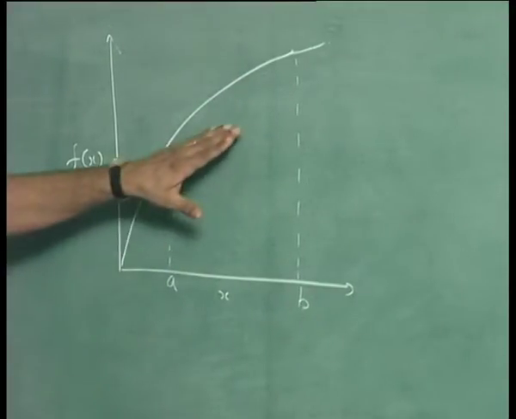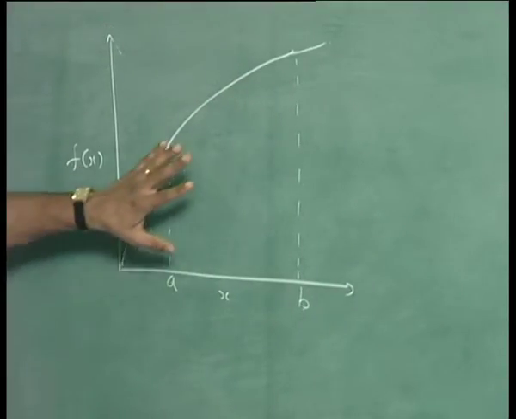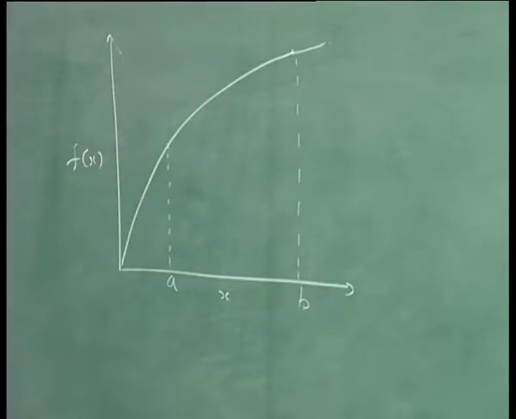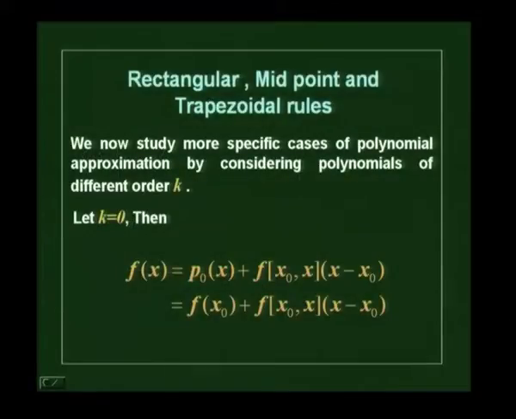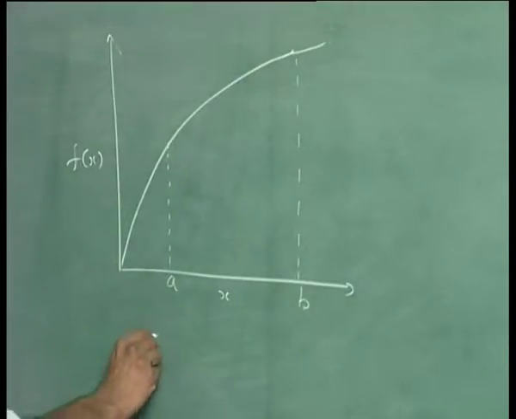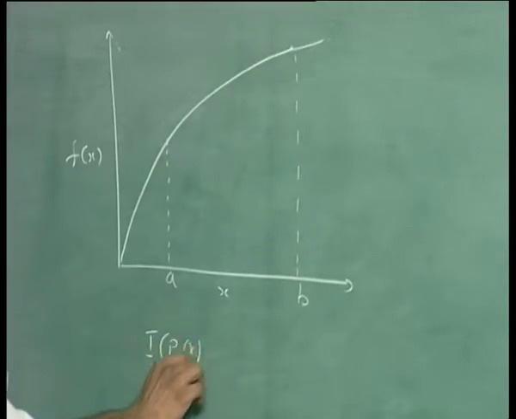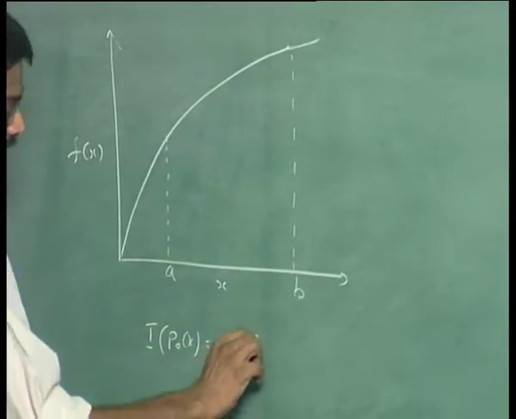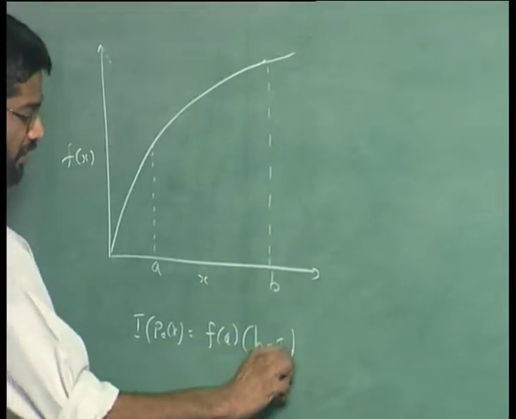So, that is what we mean by finding the integral of this curve, right. Now, in the first approximation, the rectangular case where we approximate the function f of x by p0 of x, the integral I of p0 of x turns out to be f of a into b minus a in the rectangular approximation.